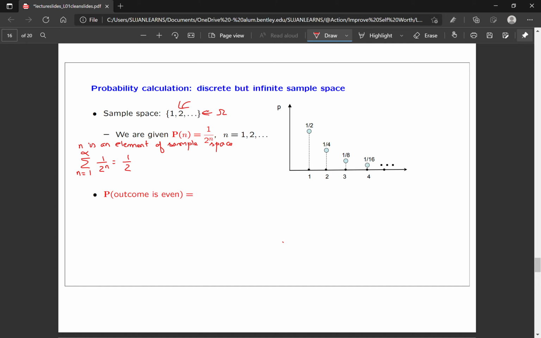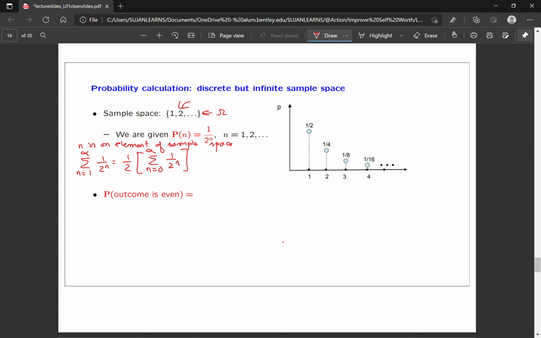We'll factor out 1 by 2, which will give us the sum over n equal to 0 to infinity of 1 by 2 power n.